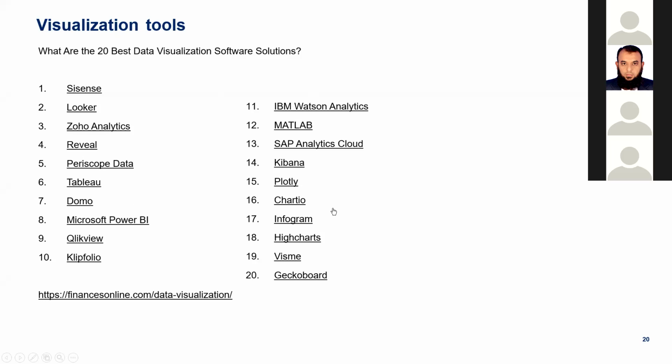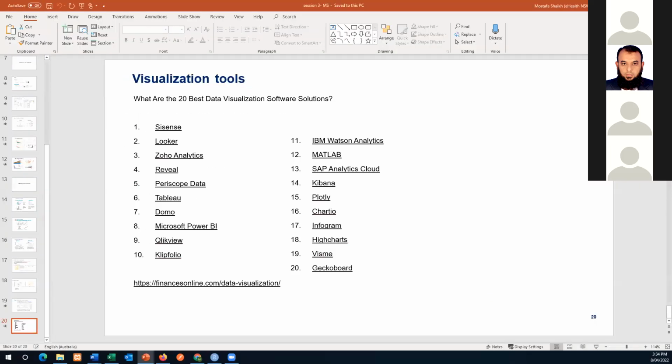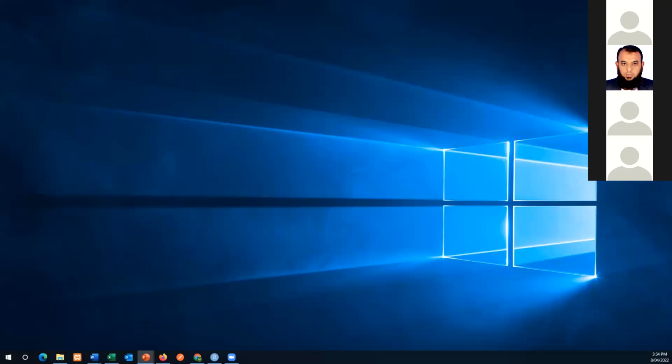So whatever cool visualization you see on the internet or in publications, it is coming from one of those tools, whether Plotly, Highcharts, Tableau, Microsoft, Domo, or even QlikView. All the visualizations you see in publications, on the internet or in the news are produced by those tools. Now let's crack some code using R and some visualizations.